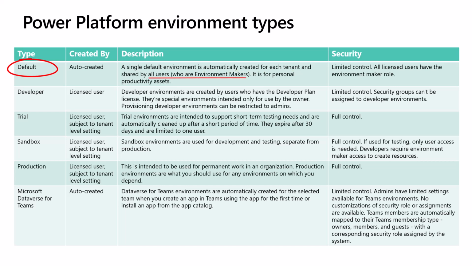All licensed users are granted the environment maker role, allowing them to create and manage resources within this environment. However, the default environment offers limited control over security settings, as it's broadly accessible to all users. This setup ensures a straightforward, collaborative space for users to leverage the Power Platform's capability for individual productivity needs.